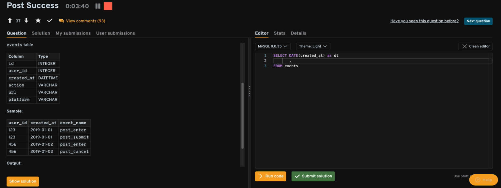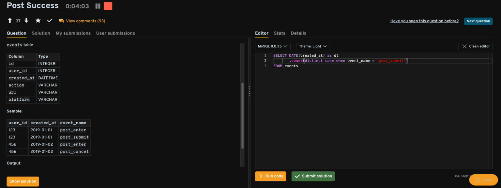Then it will be a conditional count: the count of distinct case when the action equals post submit. So that's the submit count.